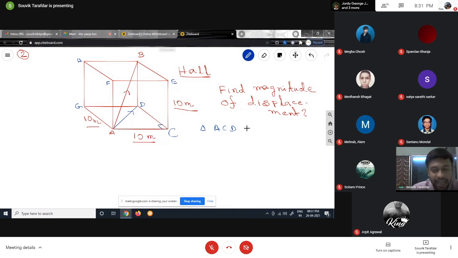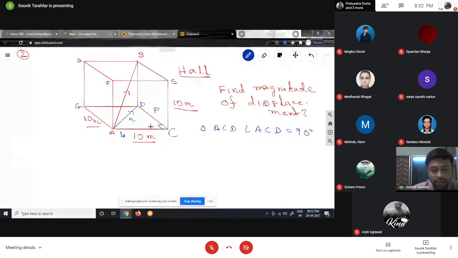See, angle ACD is equal to how much? 90 degrees. So it will be a right angle triangle. In this right angle triangle, if I consider AC as the base, CD is the perpendicular, so AD will be the hypotenuse, right?